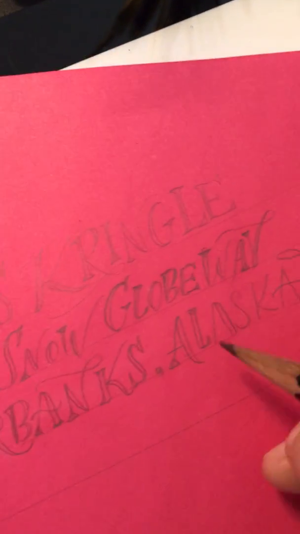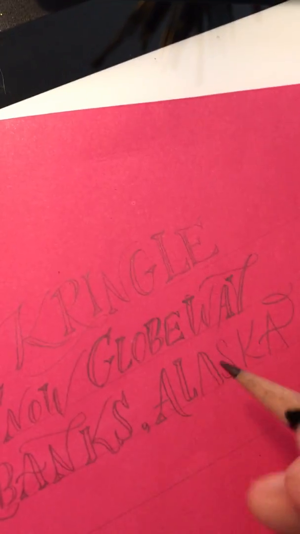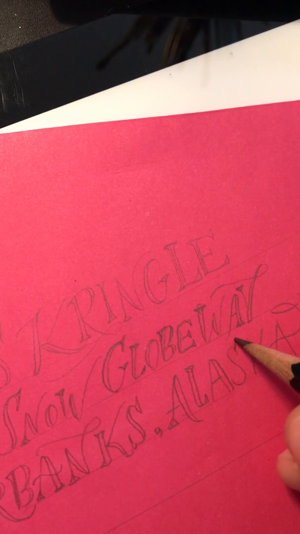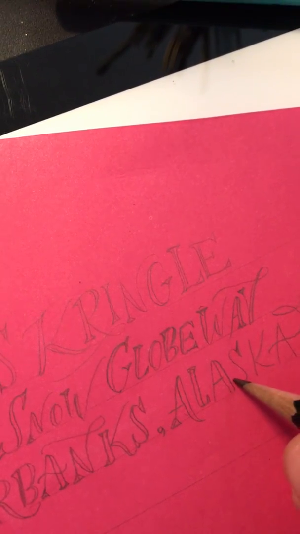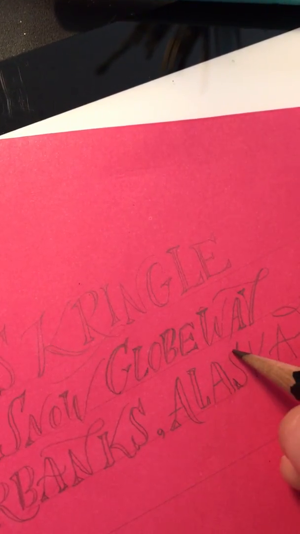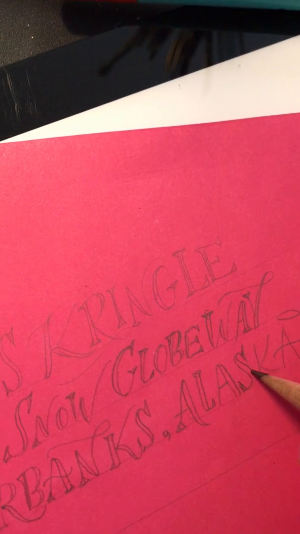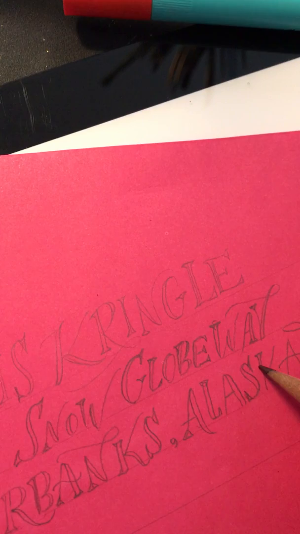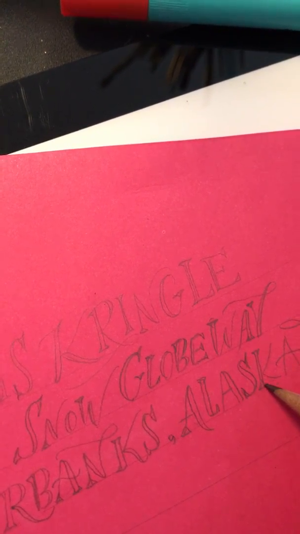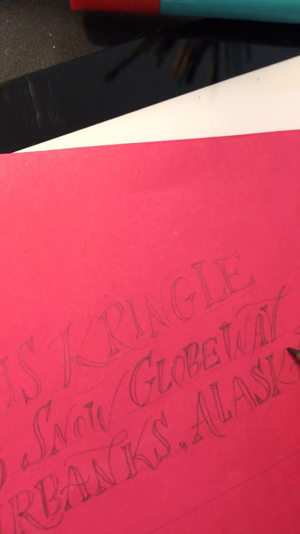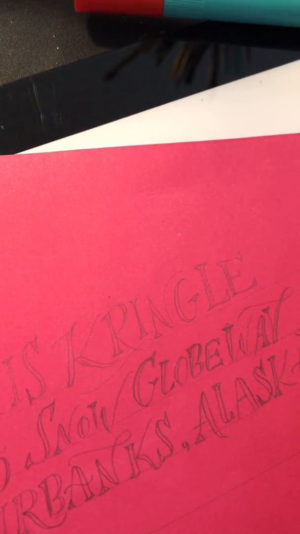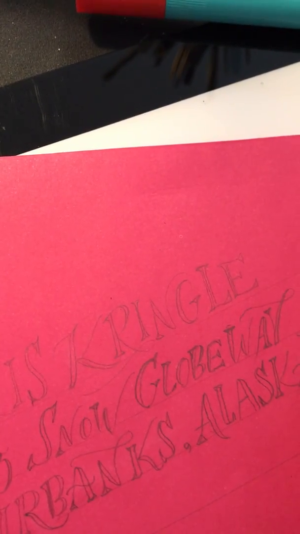So even though this is a relatively whimsical style, in order to make it look visually appealing, you want to keep some form of consistency to your piece. So you want to keep all of the thicker lines to one side.